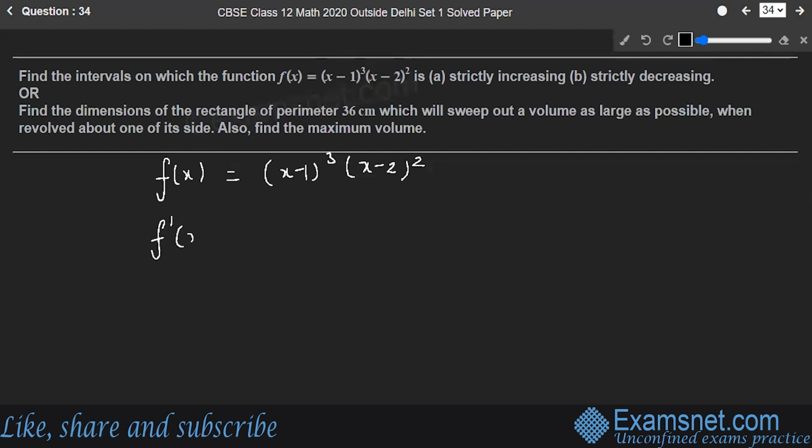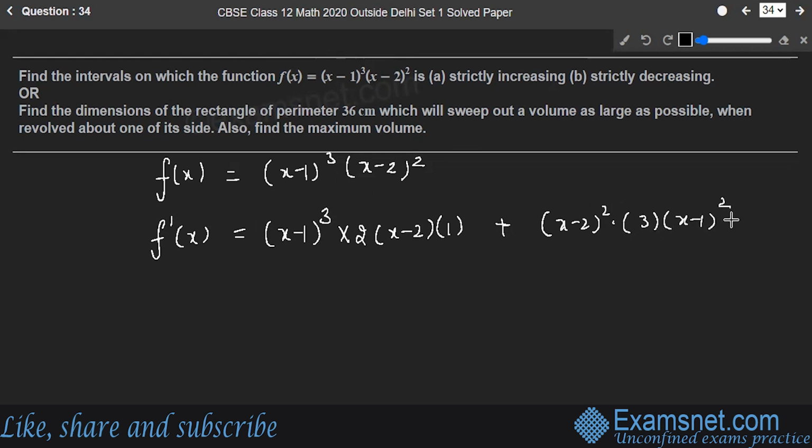Let's find out the derivative because we have to talk about increasing or decreasing. So the derivative is first function into derivative of second, which is 2 into (x minus 2) into 1, plus second function into derivative of first, 3 into (x minus 1) square into 1.